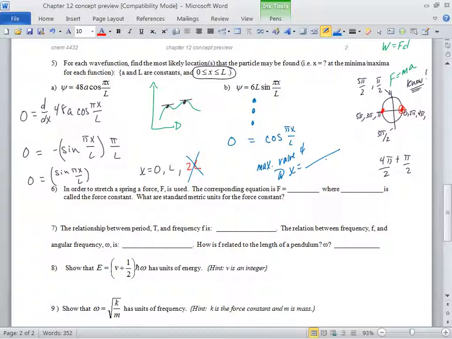Anybody get some answers? L over 2. Good, because now we're looking for these guys.